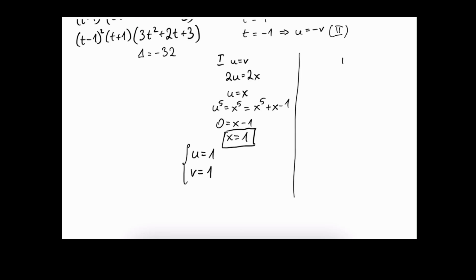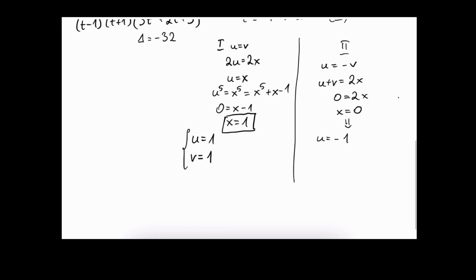The second possible solution is u equals minus v. Then u plus v equals 2x. So 0 equals 2x. And x equals 0. From this, we have that u is equal to minus 1.